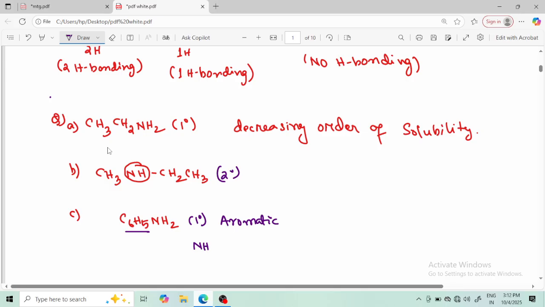Whenever C6H5 is there, that means it's a benzene ring, and you know that aromatic amines are always insoluble in water. So what will be the order? Decreasing order means high to low, right? So it will always be A, because it's 1 degree, then molecule B, then molecule C. I hope you understood this. Right?